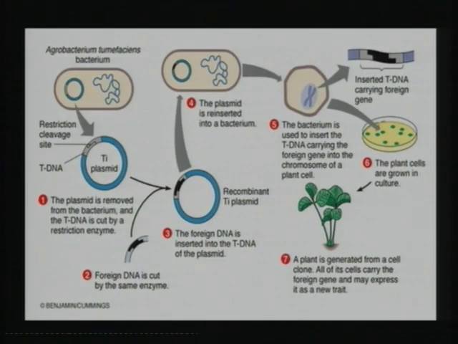So friends, we have discussed various kinds of vectors in depth. There are certain vectors for animal cells also, for example, retroviruses, because these retroviruses are able to infect animals and integrate with them, and baculoviruses.